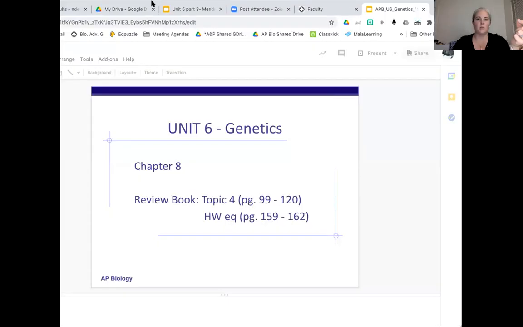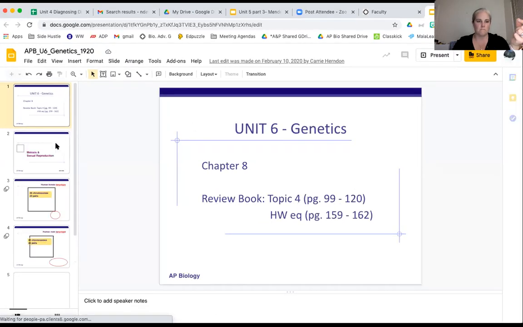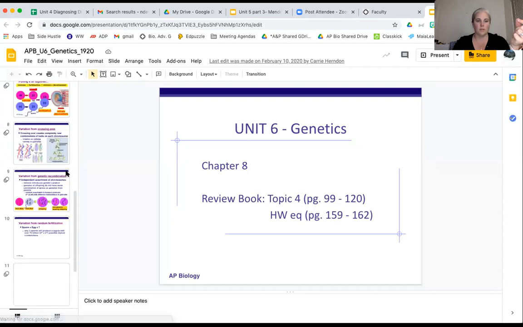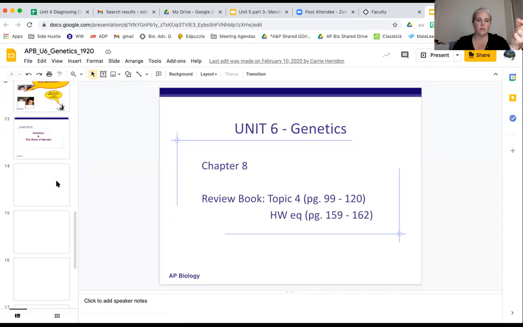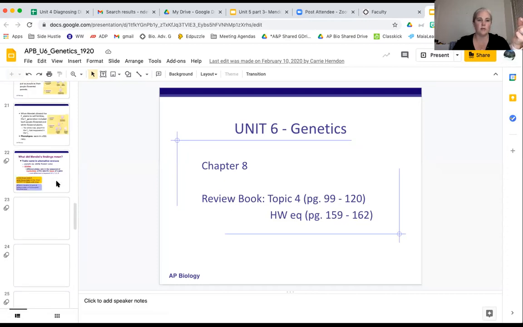But for the AP, I do want you to know epistatic genes as well. Okay. So I'm going to get through all of this. If you need a review, it's much more in depth. It's got a lot more text if you find that the review book is not as detailed.